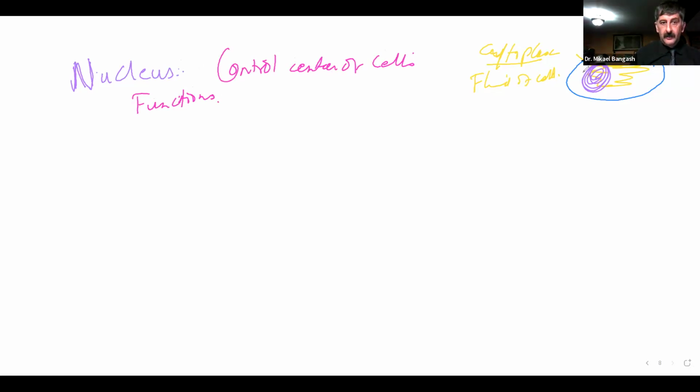So function-wise, the nucleus is the main control center, where all the functions that this cell is going to be performing are being controlled. Clear? Or if you put it this way, it's the brain of the cell.